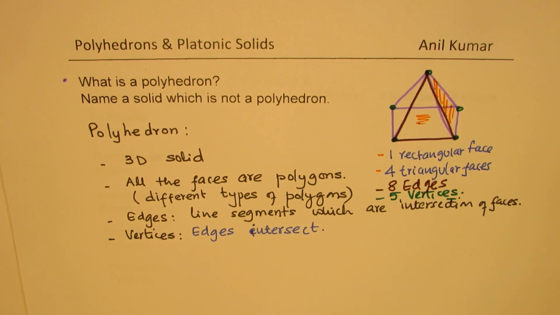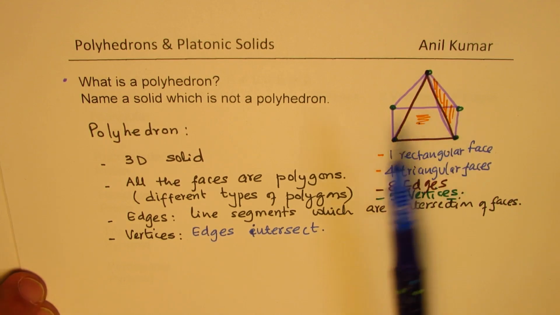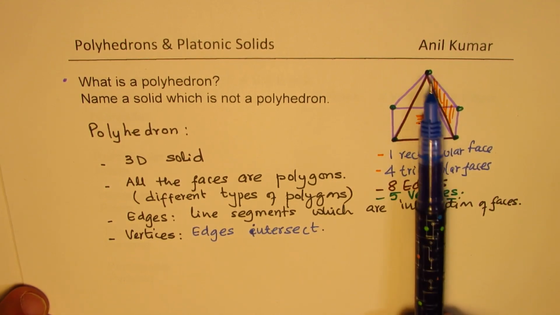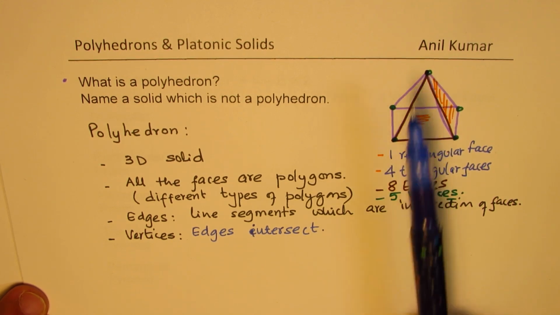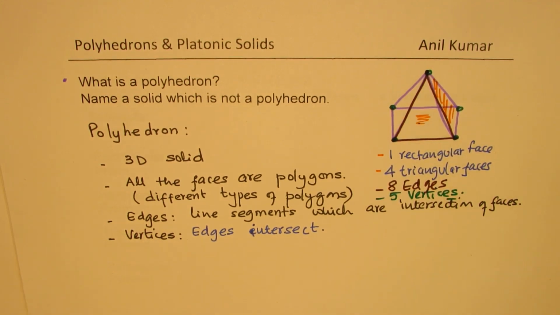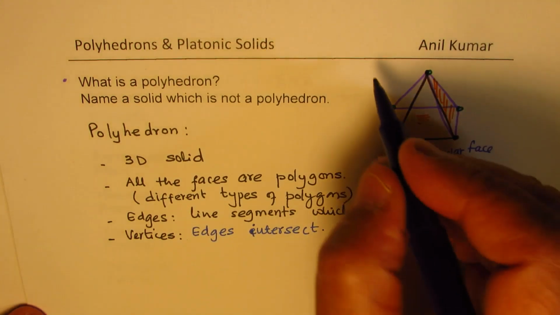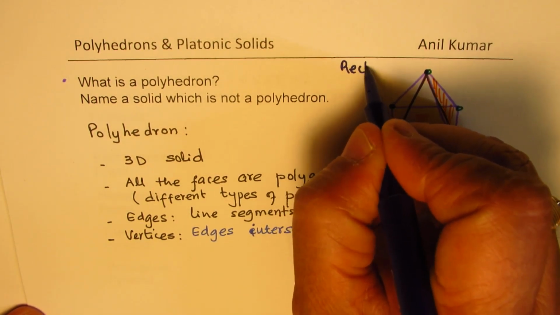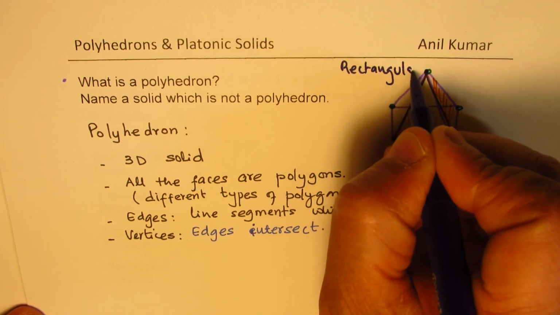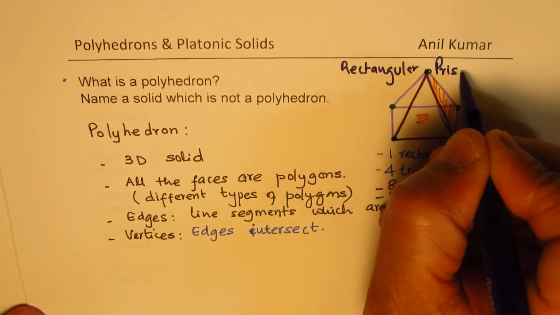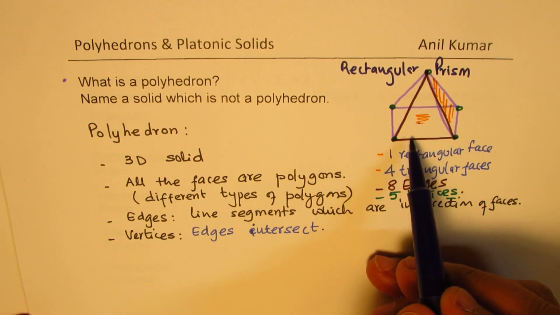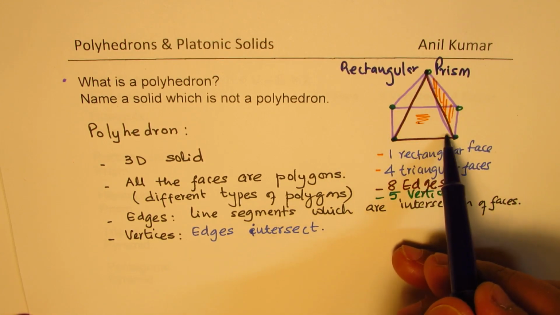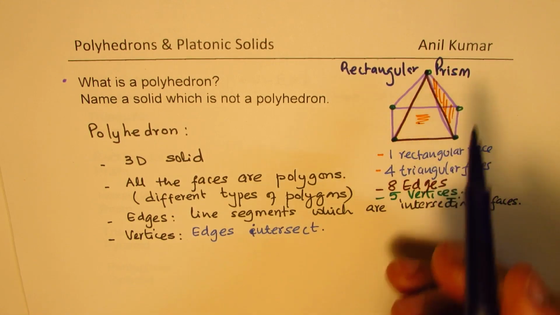Now, the name of the polyhedron is also based on the face, right? So since it is a rectangular base and everything meets at one point like this, we'll name this a rectangular pyramid. If the other side is congruent to the base, in that case, it is a prism.